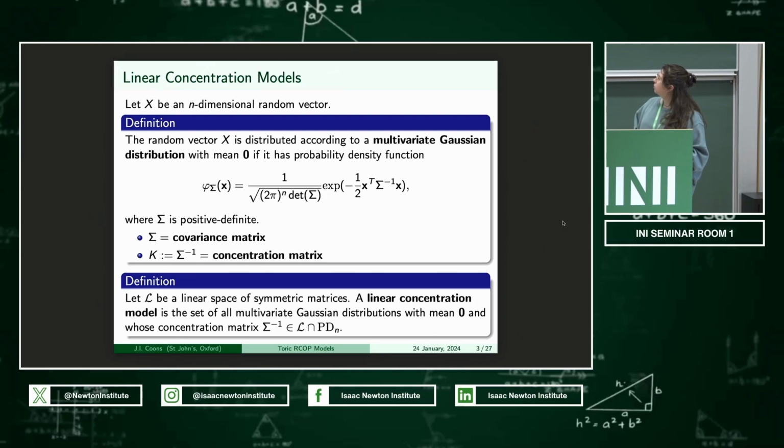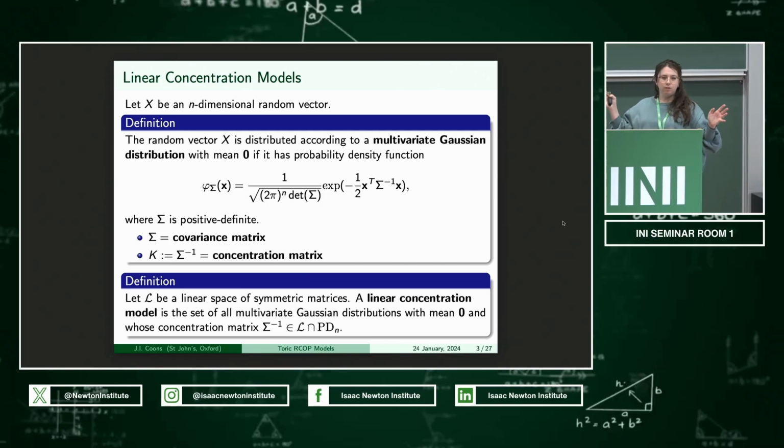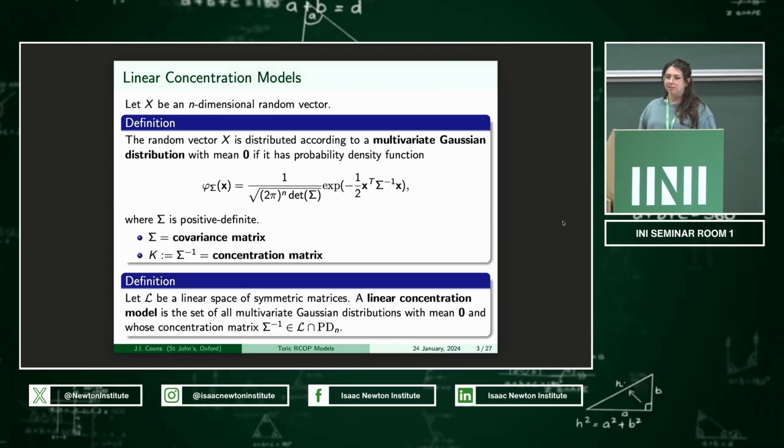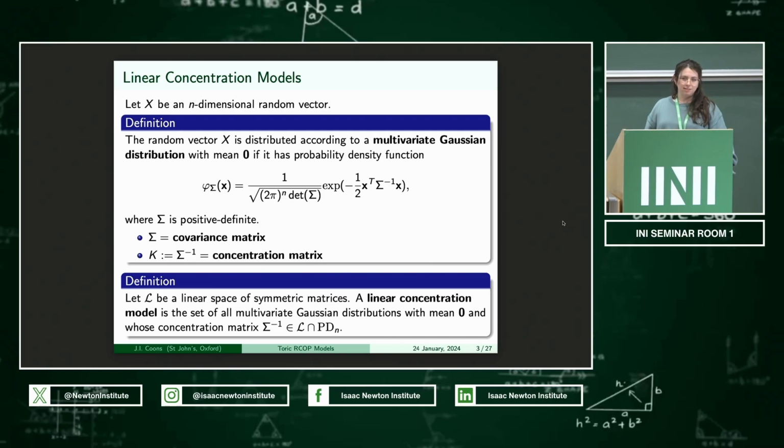Of course you can think about the set of all such densities where the covariance matrix is restricted in some way. That's a statistical model, but I'm going to conflate that today with just the set of all of these covariance or concentration matrices and call that set of matrices the model as well. And that's the thing I'll be asking algebraic questions about.